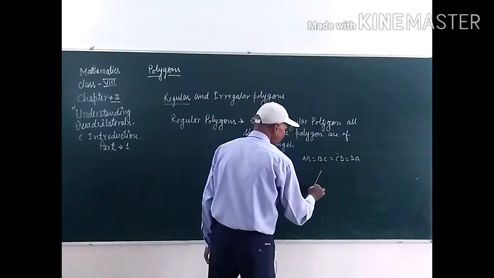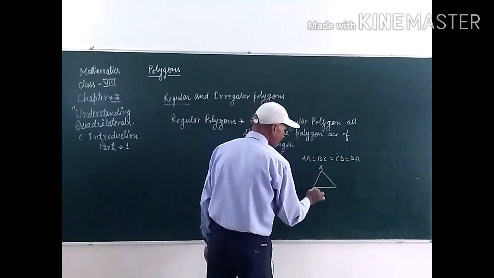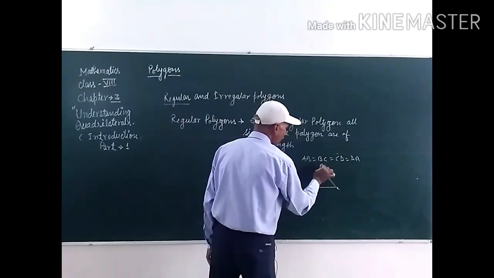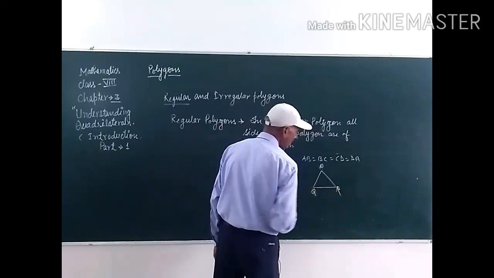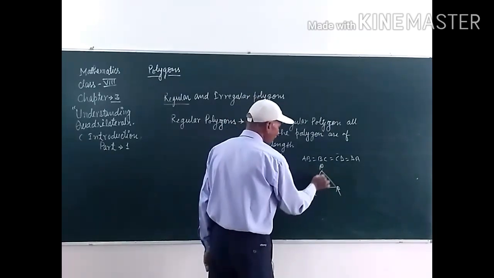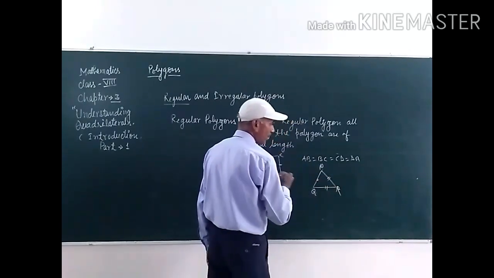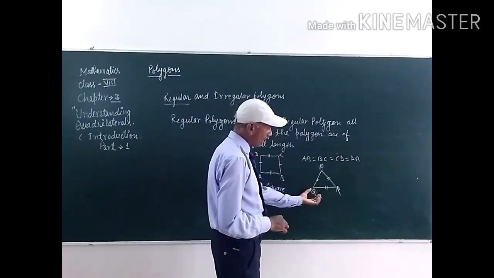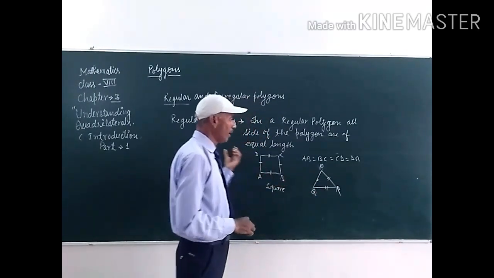Again, we will take a next polygon, and this one is a triangle ABC, or we can take the points P, Q, R. In this triangle PQR, student, if PQ is equal to QR is equal to RP, all the sides are of equal length, and this one will be equilateral triangle and this one will be a regular polygon.